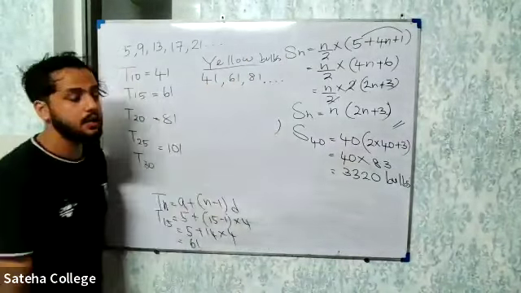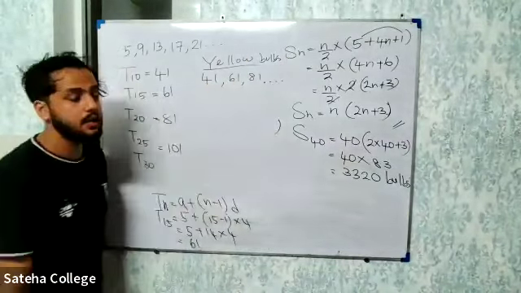Right? So 7 over 2, 41 plus 161, that is 202. 202 divided by 2, that is 101. 101 into 7, that is 707 bulbs. So that means there are 707 yellow bulbs.